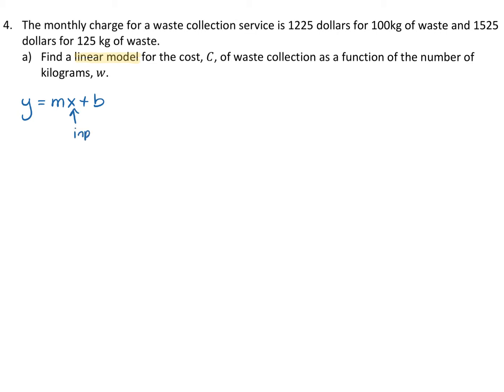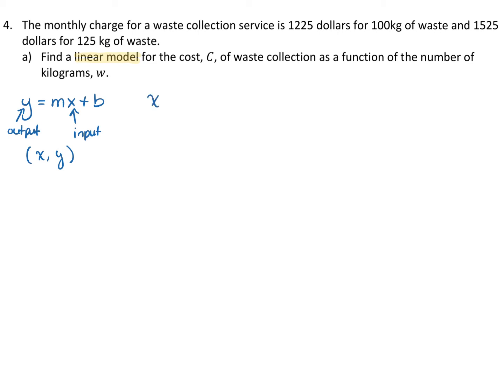So what is the input variable in the context of the word problem? And then what is the output variable? Because we typically write our points in the order of x comma y, so you want to make sure you know which variable is going to be x and which one's going to be y.